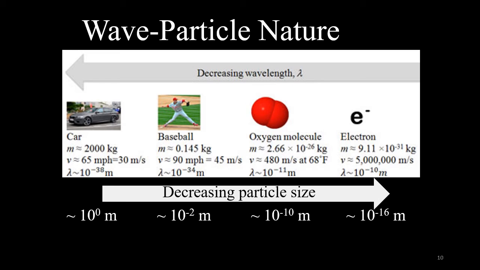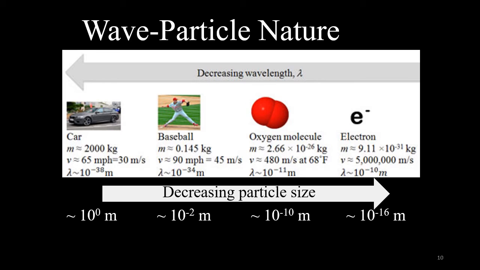So I made this slide to compare the wavelength of the particle against the actual size of the particle. A car, for example, has a wavelength of 10 to the negative 38 meters based on its mass and velocity.